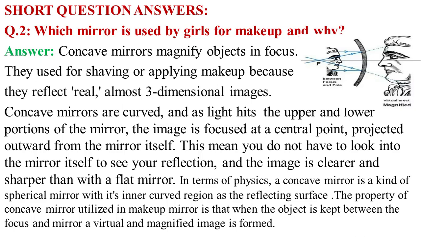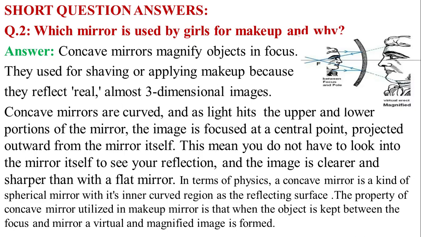Now, with a concave or curved mirror, as light hits the upper and lower portions of the mirror, the image is focused at the central point projected outward from the mirror itself. This means you do not have to look into the mirror itself to see your reflection, and the image is clearer and sharper than with a flat mirror.